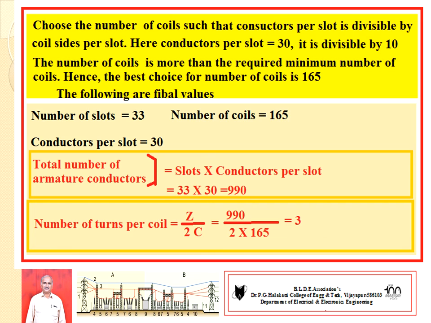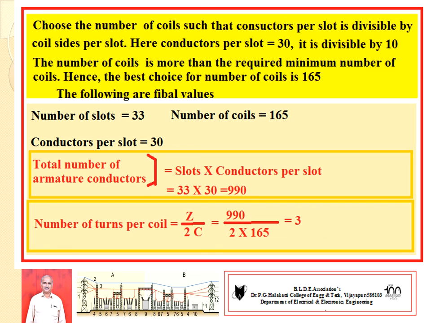After finalizing the values, go for calculation once again of final armature conductors Z. So this should be equal to armature slots into conductors per armature slot, 33 into 30. So finally we are going to get Z equal to 990. It is very close value as compared to earlier part of the design.